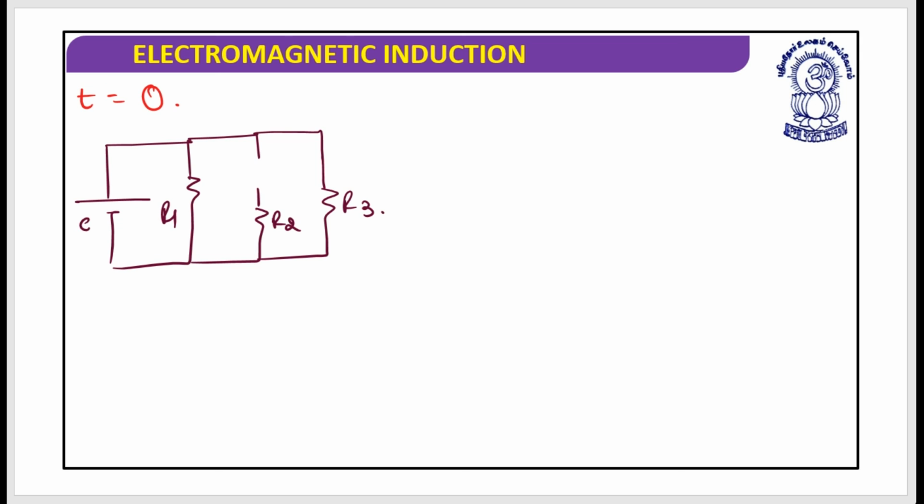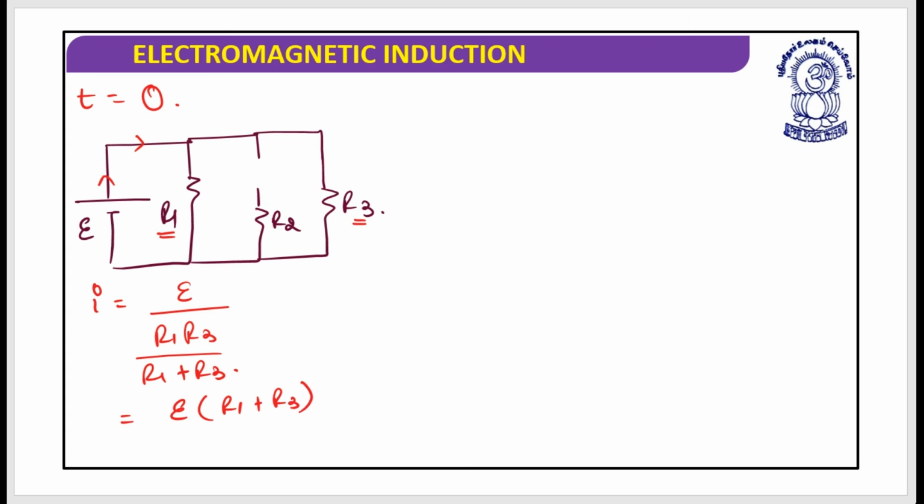As this is the EMF E, the current starts flowing through R1 and R3, which are connected in parallel. So I equals E divided by R1R3 divided by R1 plus R3, which equals E into (R1 plus R3) divided by R1 into R3. This is the current that is flowing at t equals 0.